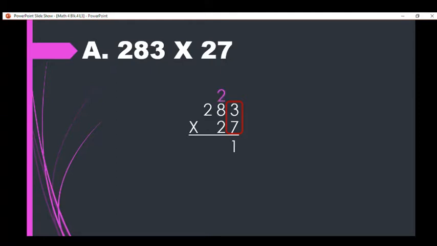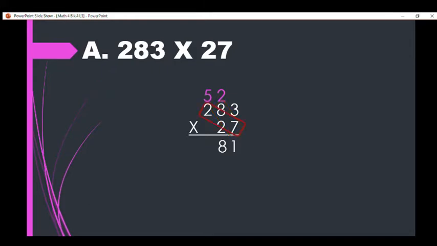The next would be 7 times 8, that is 56. Because there is a carried 2, we add it: 56 plus 2, that is 58. So 8 was written below our tens, and 5 was carried on top.